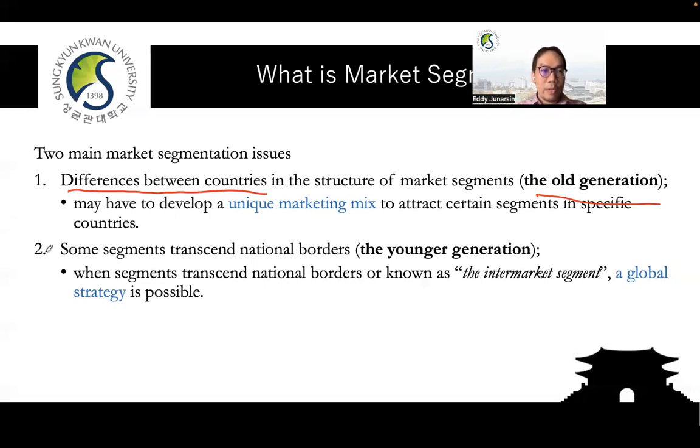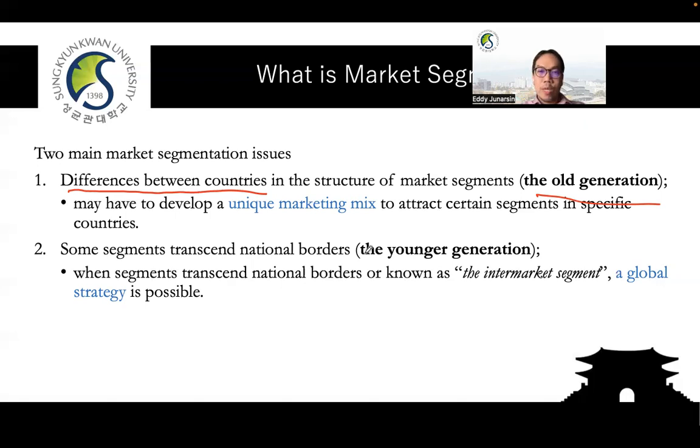However, the second point here is quite interesting because some segments also transcend national borders, especially the younger generation. In the same region, you can imagine Western Europe, where you have the German, the French, the Italian, the nearby countries, you might treat them as one big regional market rather than differentiating them based on country borders, especially the younger generation.